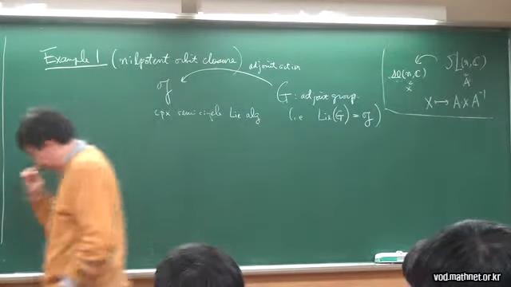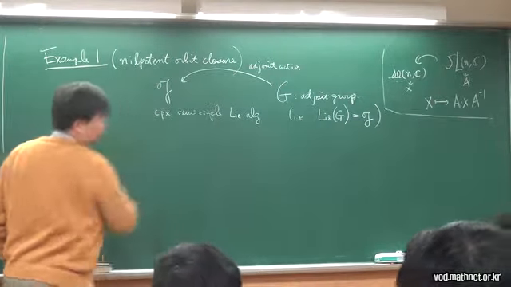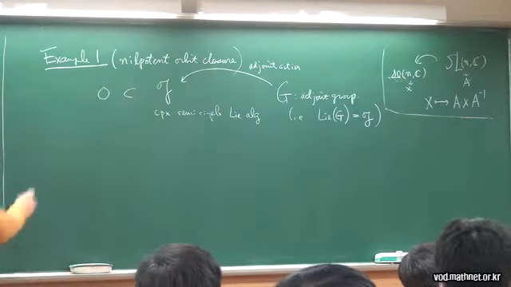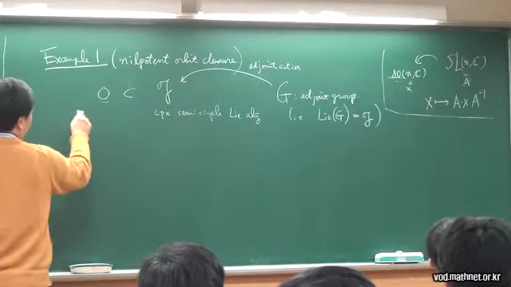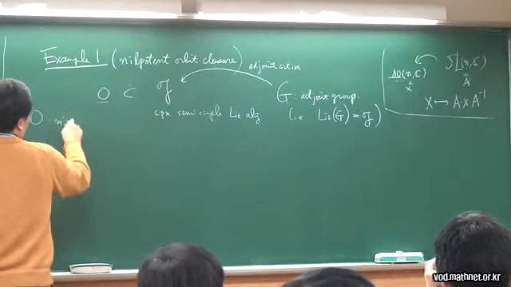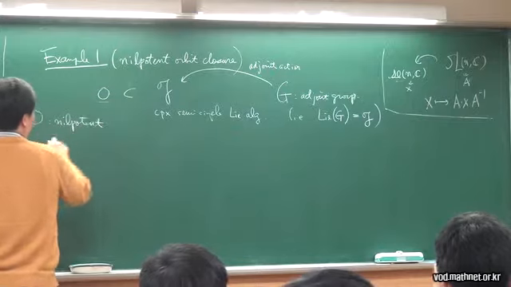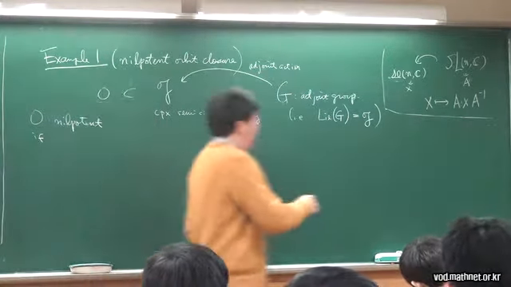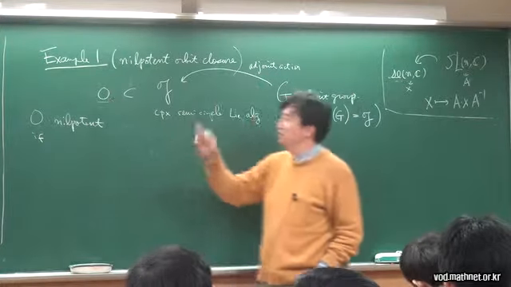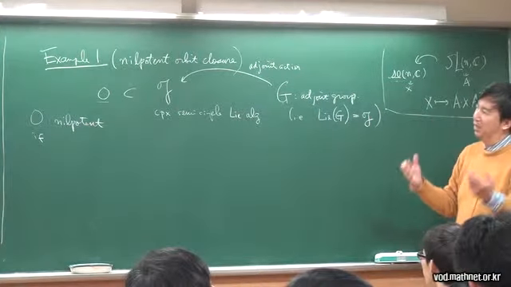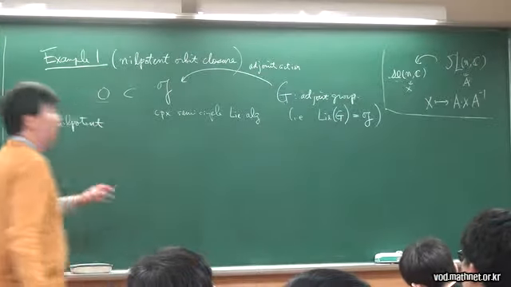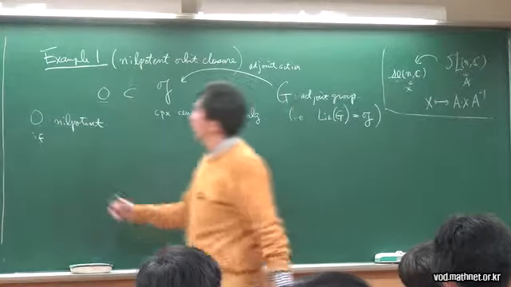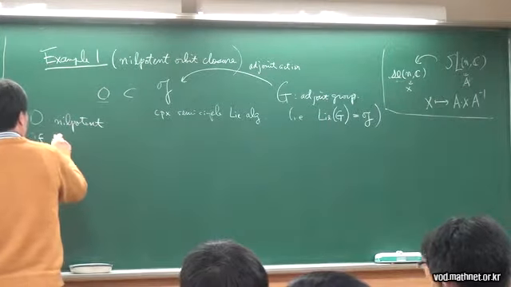So you can consider the orbits of such an action. Let us consider one orbit. This orbit O is called nilpotent if it consists of nilpotent elements. Of course, if it contains one nilpotent element, then every element in O should be nilpotent by the adjoint action.